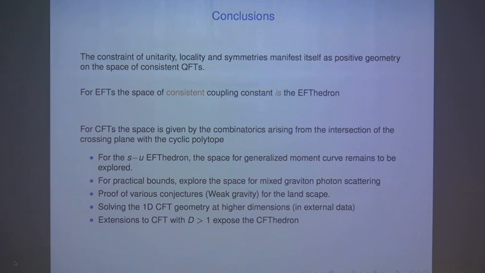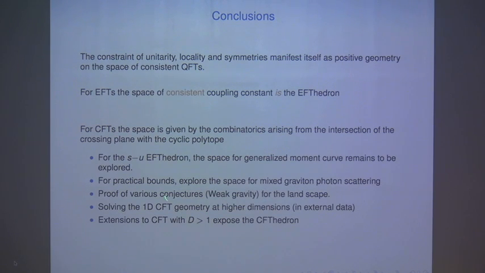For the CFT, the space is given by the combinatorics that arise from the intersection of the crossing plane along with the cyclic polytope. So there are a lot of important questions to ask. For example, to explore the EFT hedron in the SU channel basis. We want to explore more involving the mixed interaction of graviton and photon, which might have something to say about the weak gravity conjecture.